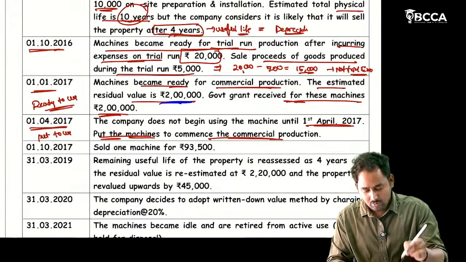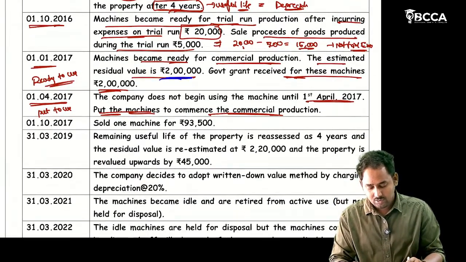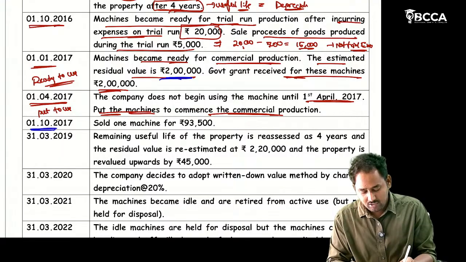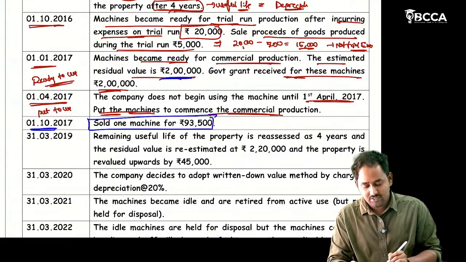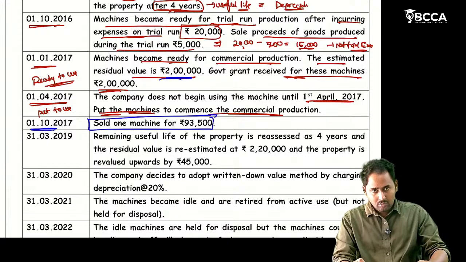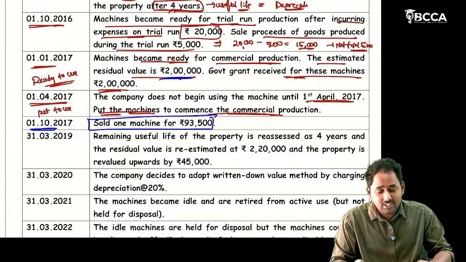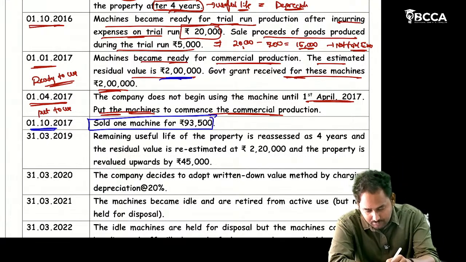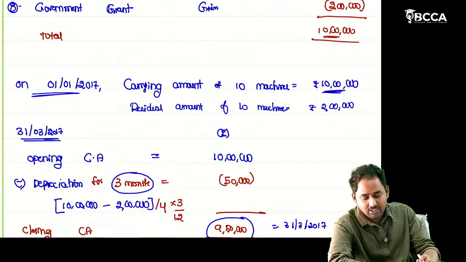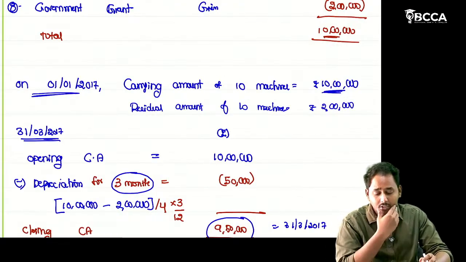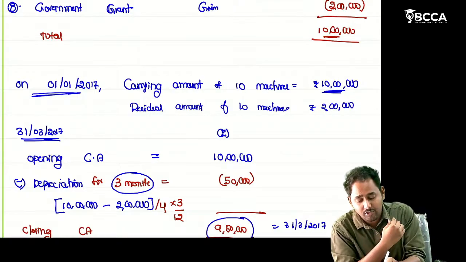Let's see what are the changes here. So on 1/10/2017, sold one machine for 93,500. So I have recognized the asset in my books on the date of ready to use, that is 1/1/2017.